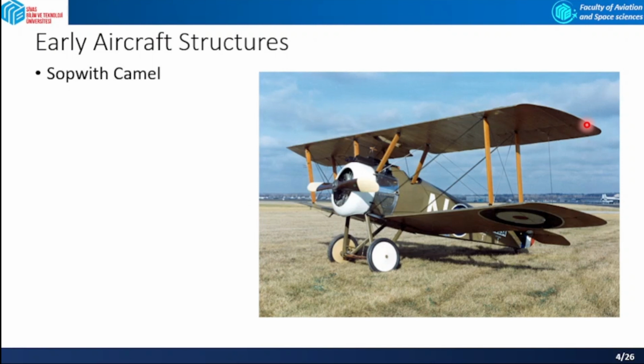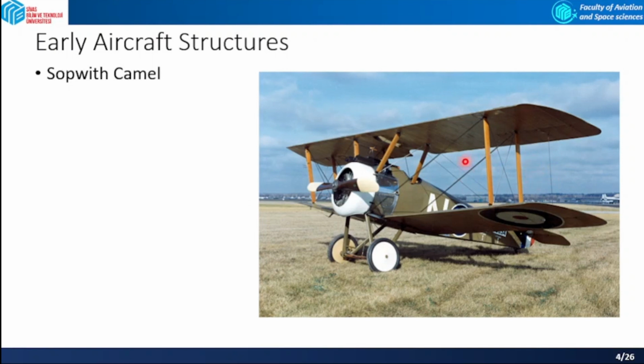Fortunately, this aircraft has two wings, as you see, and it is called a biplane. And both wings will support each other and provide extra strength and stiffness. This is done by the struts and wires that you can see clearly, which connect both wings together.